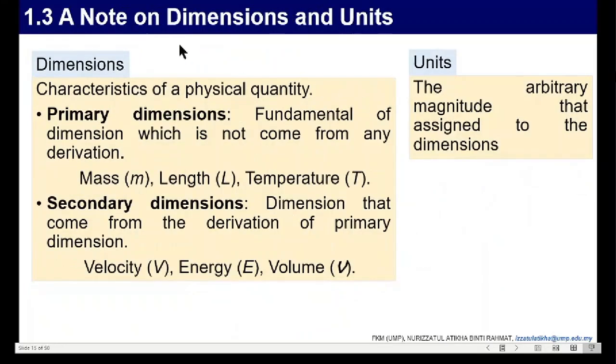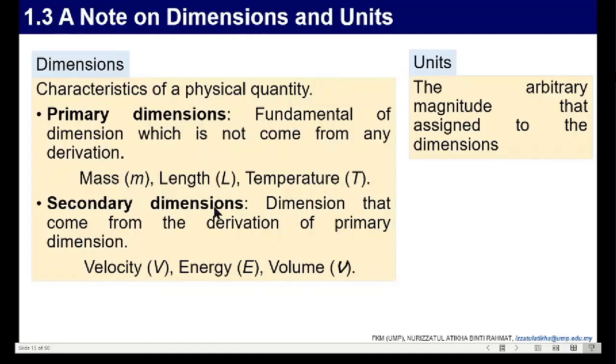Now, a note on dimensions and units. What is a dimension? It is a characteristic of a physical quantity. A primary dimension is a fundamental dimension which does not come from any derivation, for example mass, length, temperature.